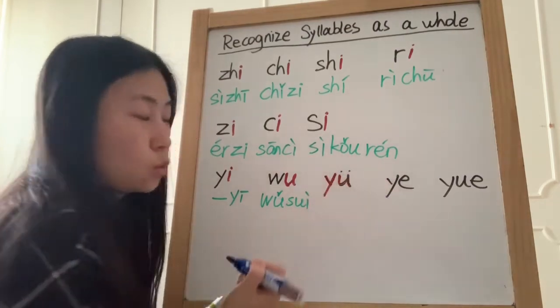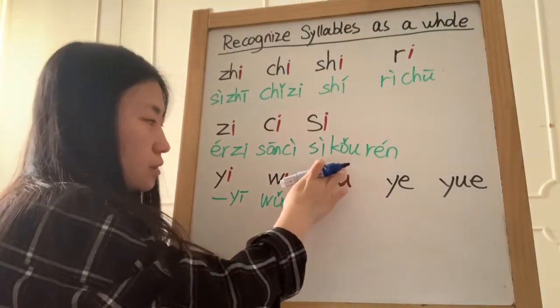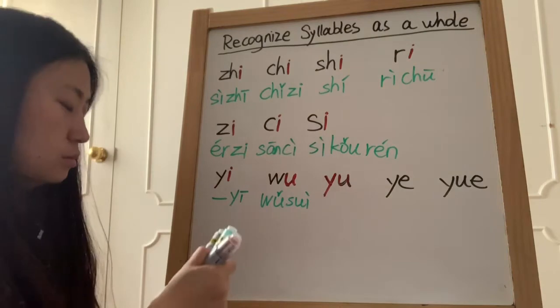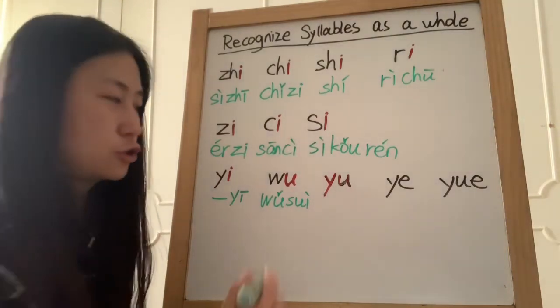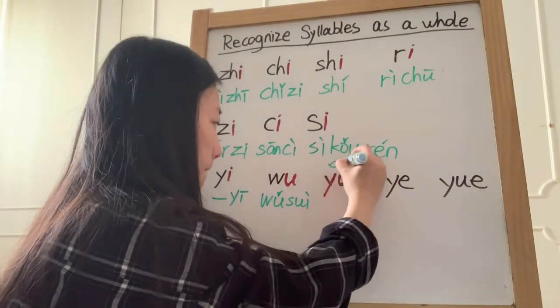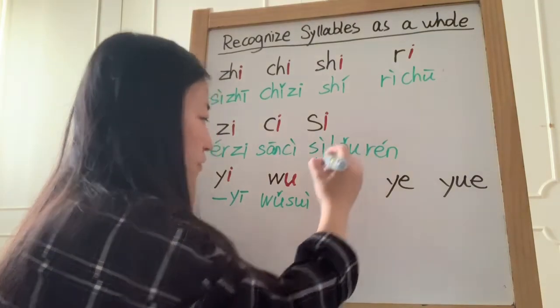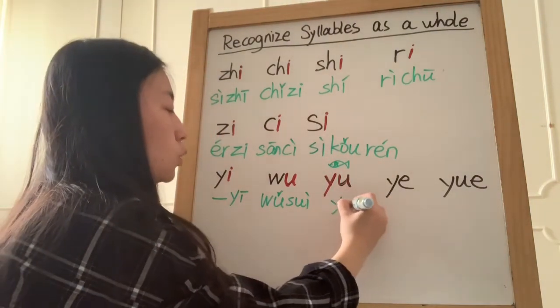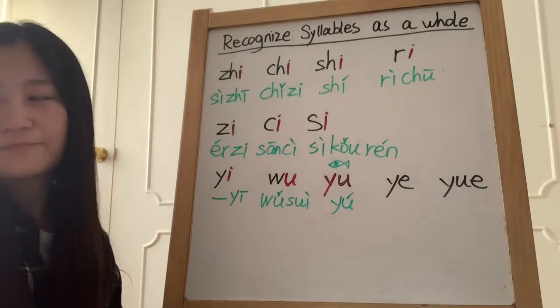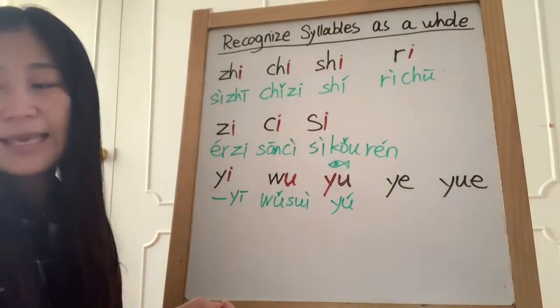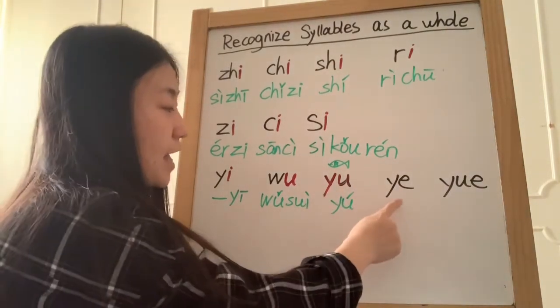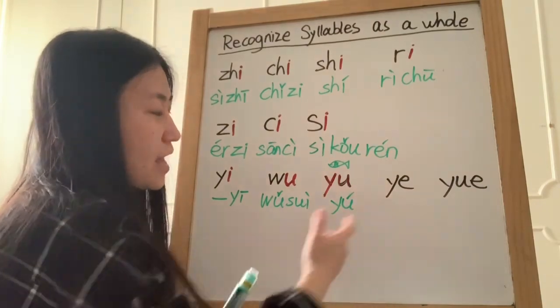Like U, but we don't write it. Okay? U. For example, the fish. The fish is 鱼, right? Okay. 耶.